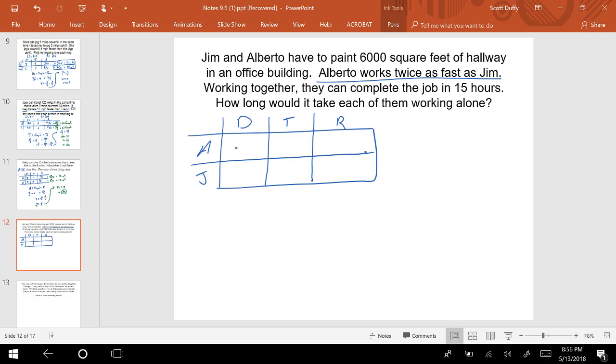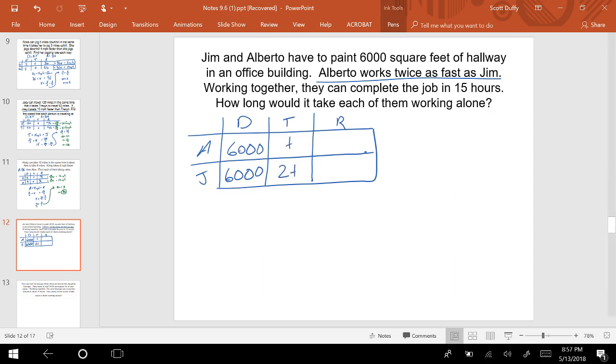So we have Alberto having to cover a distance of 6,000. They both have to cover a distance of 6,000. The time for Alberto would be half that of Jim, or Jim we can say is 2 times Alberto.